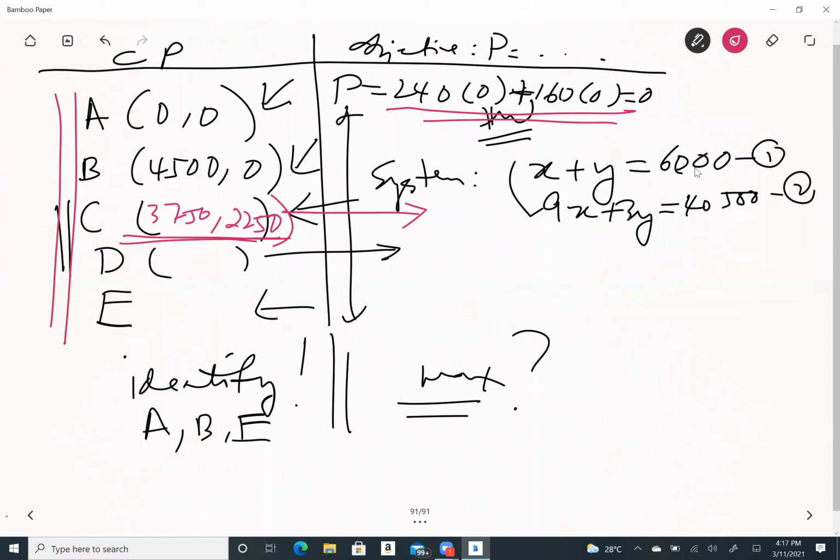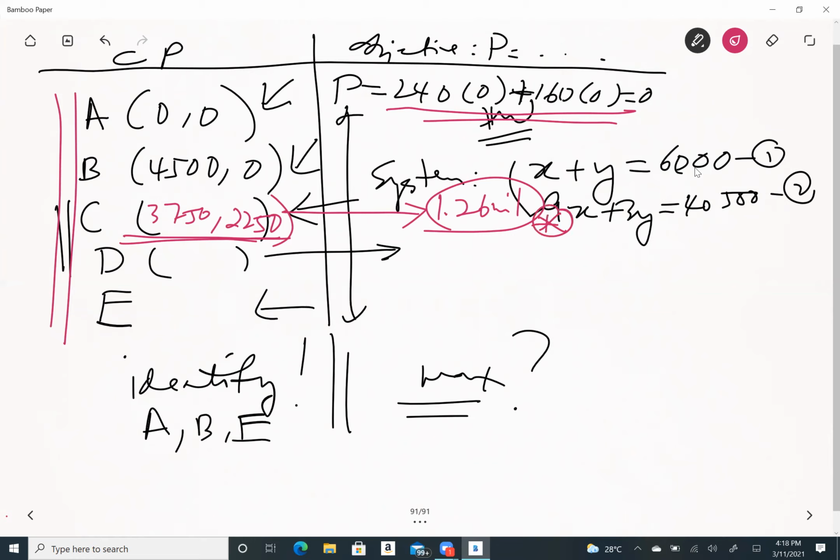Sir, is it 1,260,000? Yes, that one. Okay, you will see 1.26 million. That is the maximum value of the profit. You see there, 1,260,000. That means 1.26 million. That is the maximum. So that is our answer.